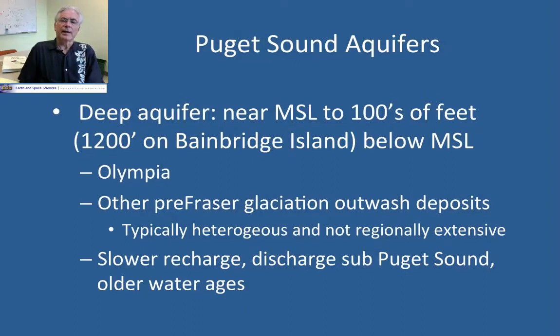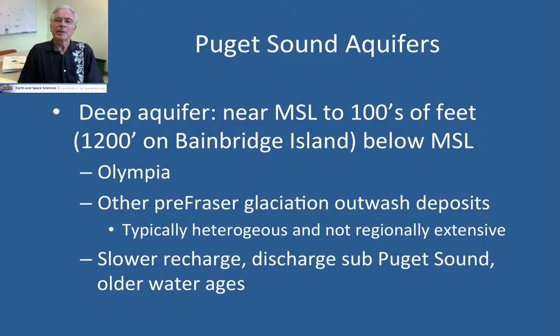Below the QVA aquifer, there are deeper aquifers extending from near mean sea level to hundreds of feet or even thousands of feet below mean sea level. On Bainbridge Island, water is produced from 1,200 feet. The geologic units associated with the deep aquifers can be the Olympia or other pre-Fraser, sometimes undifferentiated, unidentified formations.